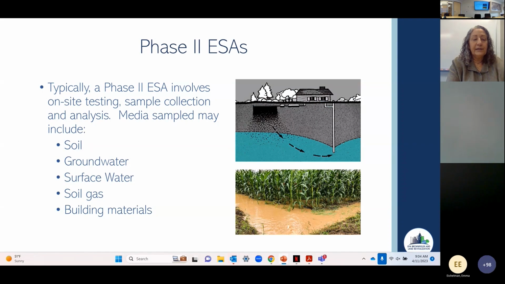So if the phase 1 indicates that this was a dry cleaner, or this was a manufacturing operation that had floor drains, or a paint shop, or an automotive use where there were underground storage tanks, or you'd expect that there should be underground storage tanks, but none are recorded, they'll recommend phase 2, and that is most typically soil and groundwater testing. Although depending on the site and the conditions, it may include surface water. If there is surface water nearby, it may include soil gas.